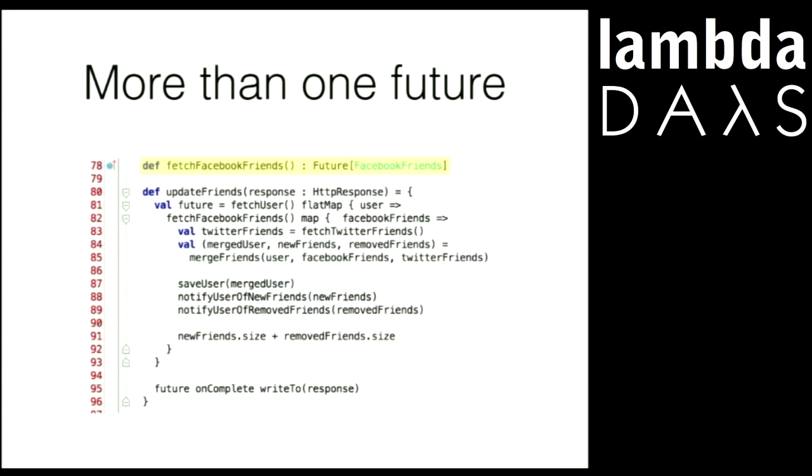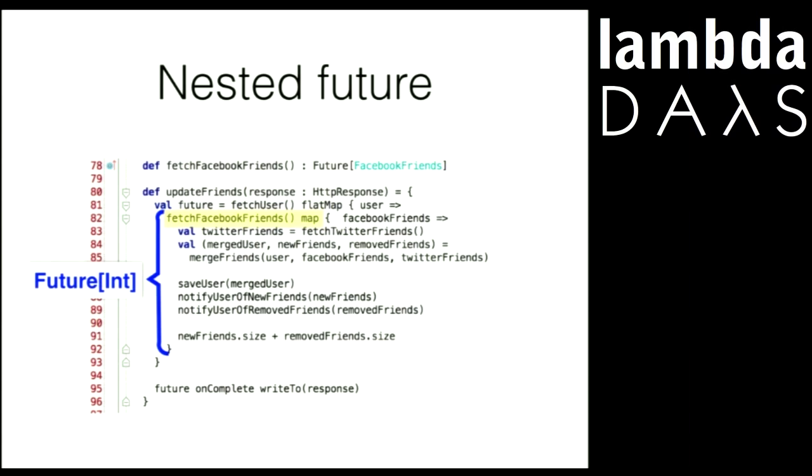So let's apply that to our update friends. So I made the fetch Facebook friends asynchronous as well, wrapping it with the future. And now I'm applying exactly the same trick as before to the fetch Facebook friends, because fetch Facebook friends will produce a future of Facebook friends.